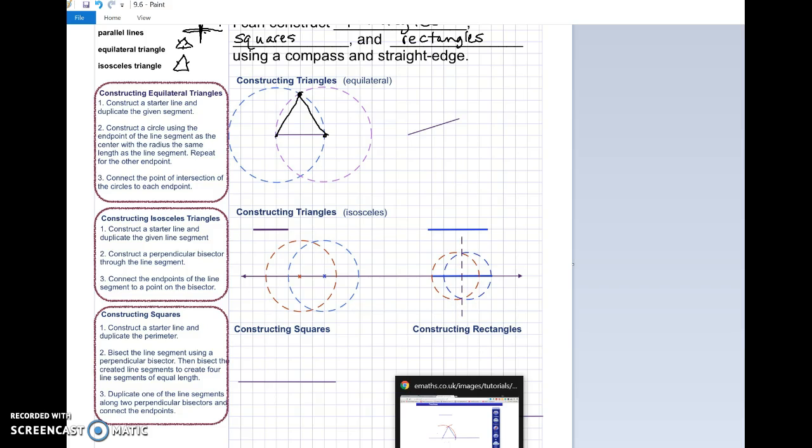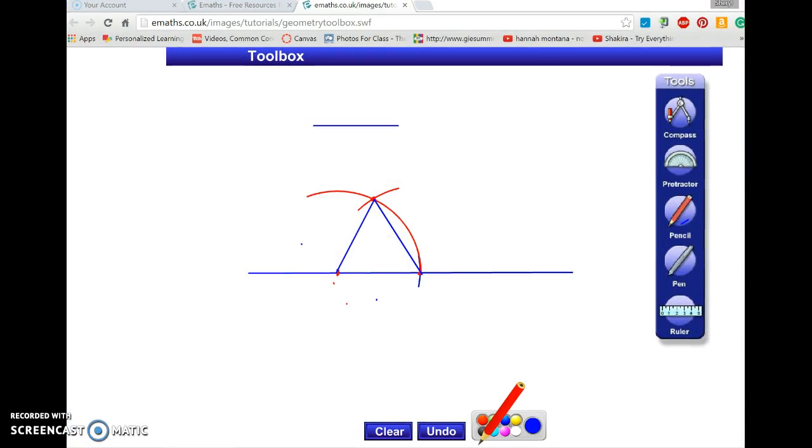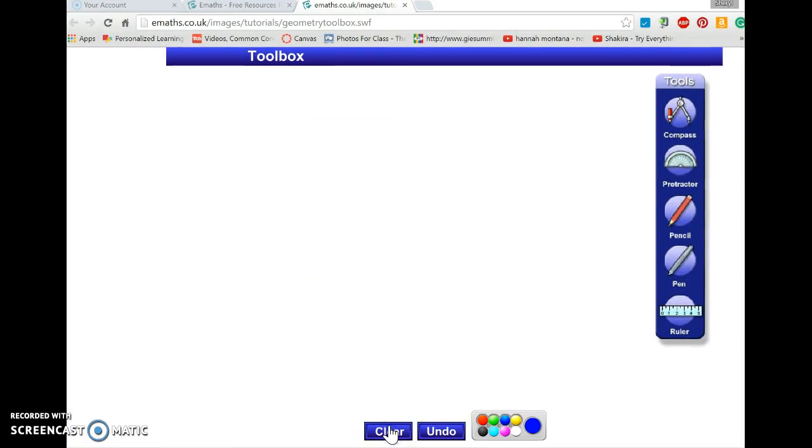Let me show you what I mean. So here I have a line. Let's make this be our line, and let's make it a little bit longer. That's the length that I want the two sides to be.